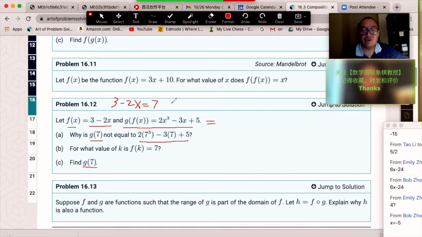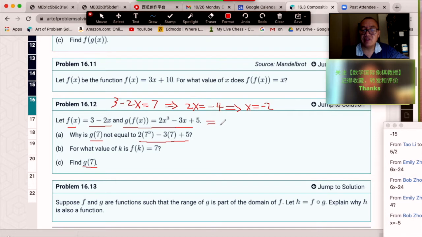So then you solve for x. From here, you can get 2x equals negative 4, right? So then you get x equals negative 2. Then you plug into here.